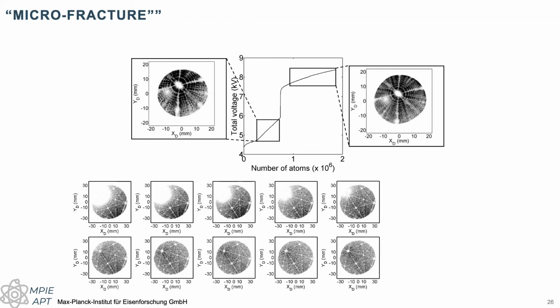Sometimes specimens reshape. So in that case, we're looking at a pure tungsten data set, and the voltage was increasing steadily. You can see that it's quite steep, so the specimen had a pretty large shank angle. And we can go from this map to that map after going through a fracture again. And we had, for example, this series of detector maps forming after a small chunk of the specimen was lost.